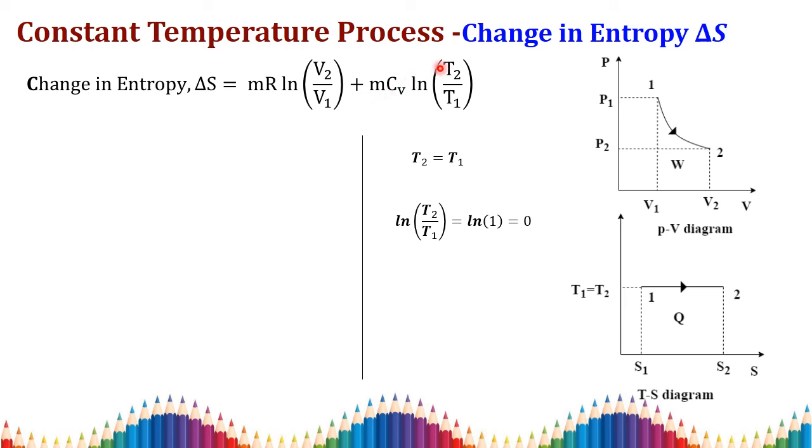Neglecting this term, your change in entropy is delta S is equal to mR ln V2 by V1. By using the PVT relation, we can replace this term with pressure also. So delta S is equal to mR ln V2 by V1 is your change in entropy for the constant temperature process. Thank you.